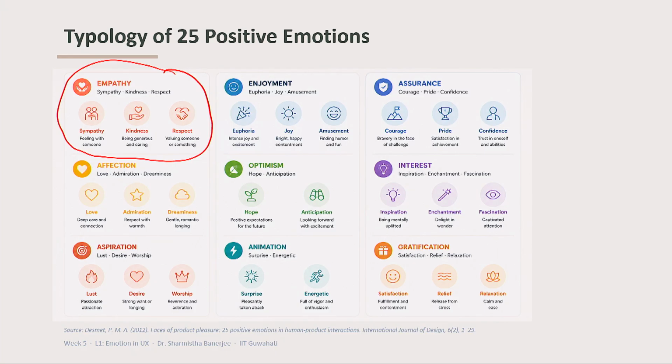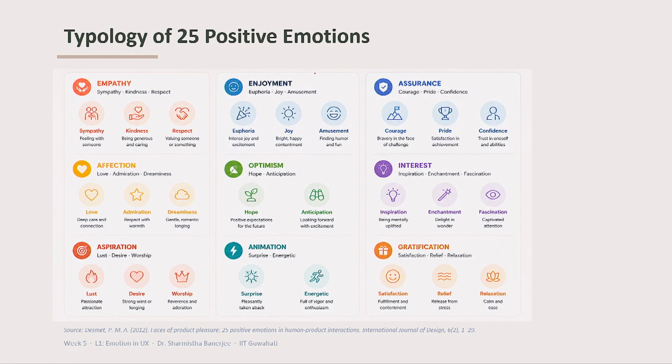All of them are empathy, but they are different kinds of empathy, and recognizing which one you want to use matters. For example, if you are designing a portal asking for donations for child health benefit, then maybe you would want to design around sympathy or kindness. Whereas if you are creating a similar kind of donation platform for, let's say, the army, you might want to design it with the emotion of respect for the army.